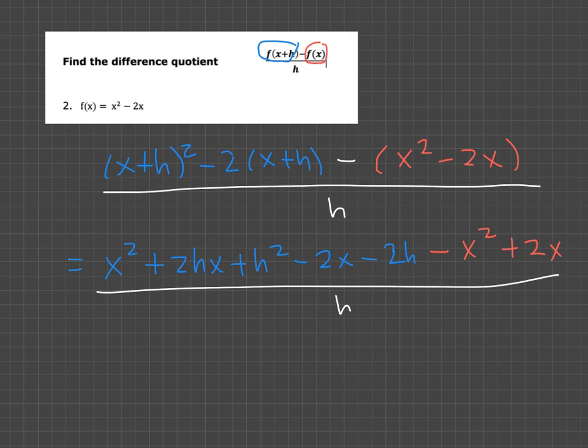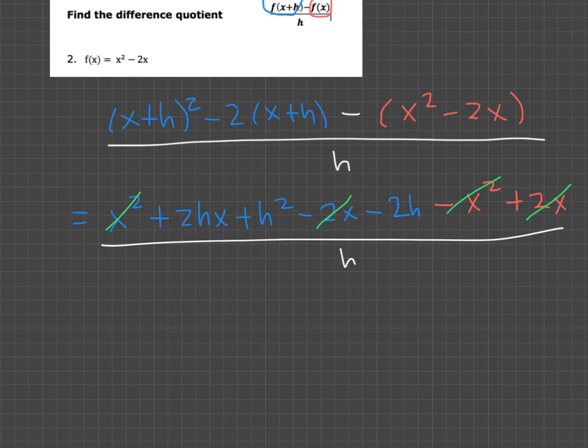And now it's the place where we get to cancel stuff out. So we have a positive x squared and a negative x squared. Those go away. We have a negative 2x and a positive 2x. Those go away. And let's see what we're left with. So we're left with the 2hx plus h squared minus 2h all over h.